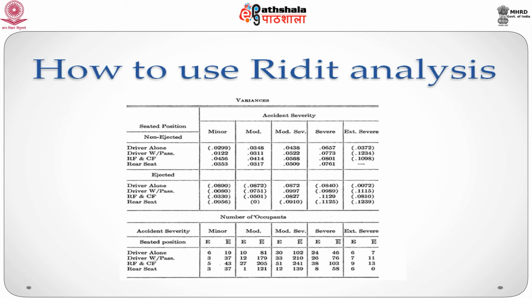Some of the non-ejected drivers with passengers in extreme accidents exhibit a bimodal kind of distribution. The reference set has a central peak so that the distribution somewhat resembles the normal distribution. Non-ejected drivers with passengers in minor accidents appear to follow an exponential decay curve. For more details on this analysis, I refer you to the paper by Bross.